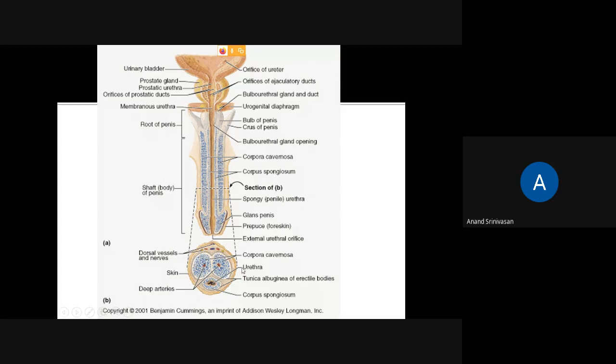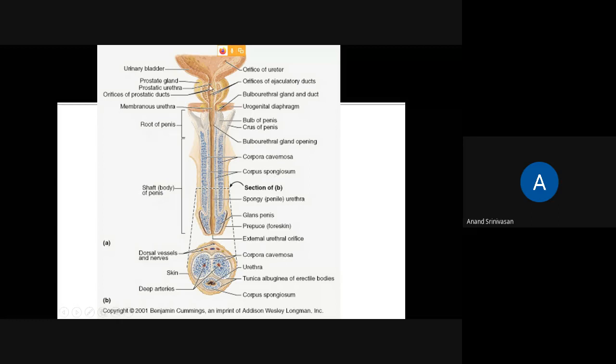The urethra passes through the corpus spongiosum and it opens into the exterior through the external urethral orifice. So this is about the penile urethra.